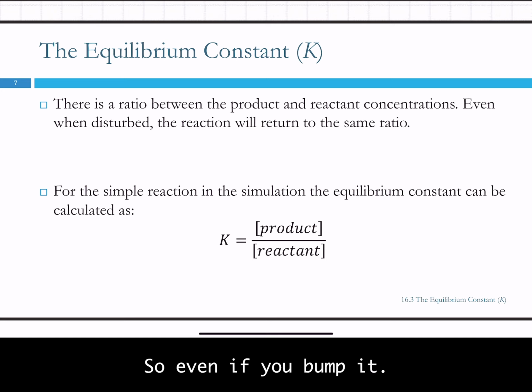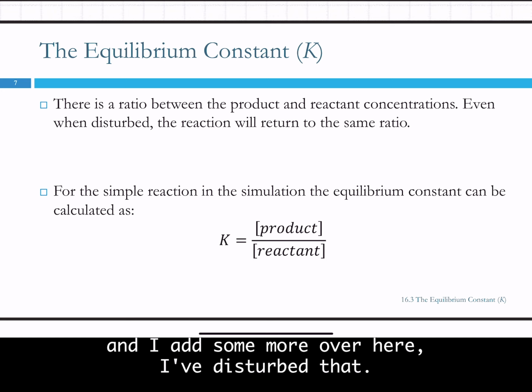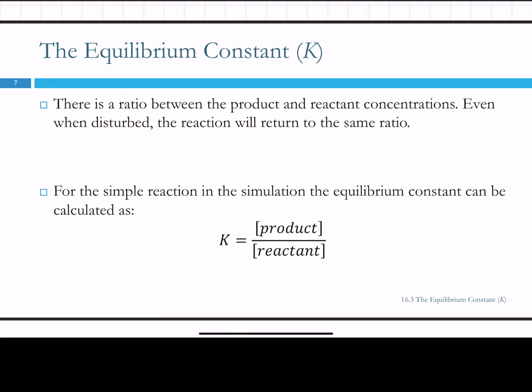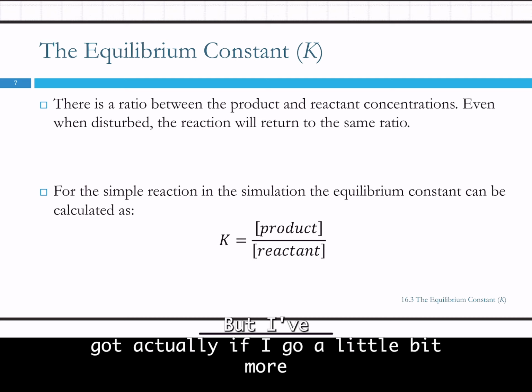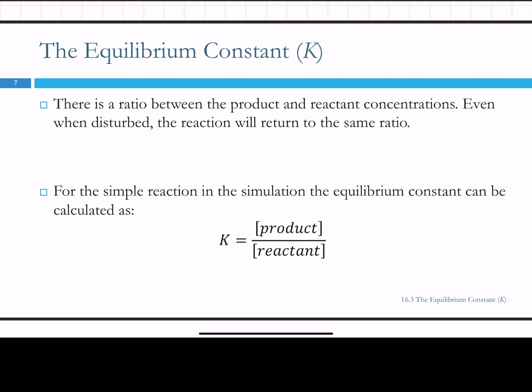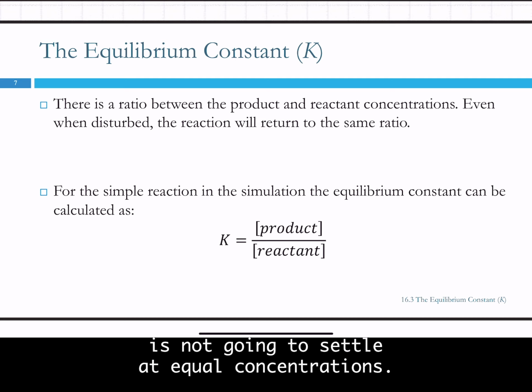So even if you bump it, if I take this reaction and I add some more over here, I've disturbed that. Now you see the top, the K says 1.28 because it's calculating the K. But if I go a little bit more, my reactants and products are now almost equal. We saw before, this reaction is not going to settle at equal concentrations.